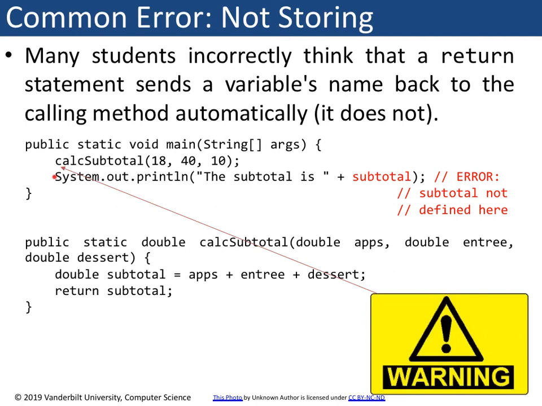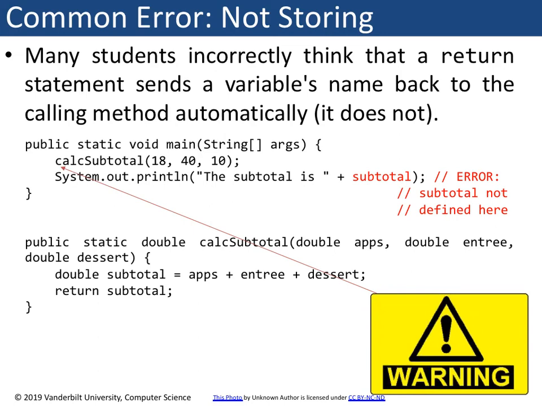So then in the next statement, we are attempting to print the line, the subtotal is subtotal, and this subtotal here is an undefined variable. We have not defined it in this method, so therefore it does not exist.